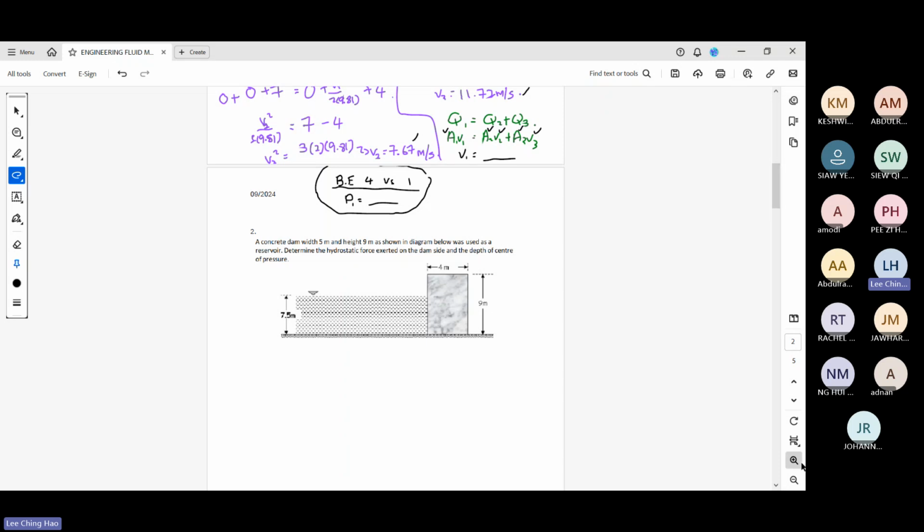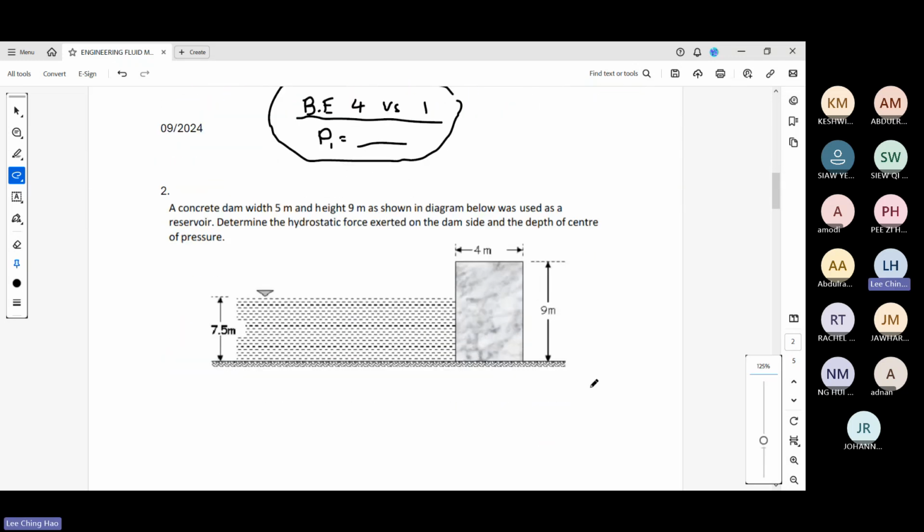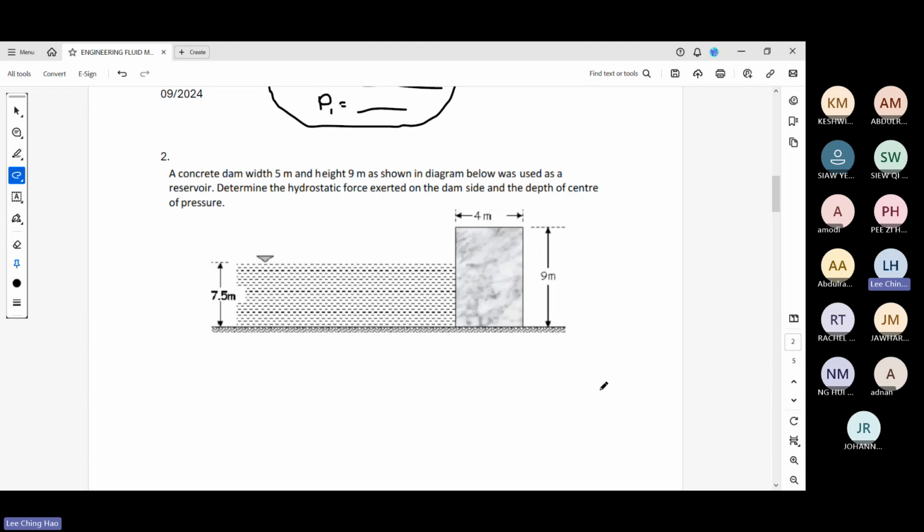What is this? Oh, okay. So this is the hydrostatic force. As you can see, this is a dam. This dam has 7.5 meter depth.